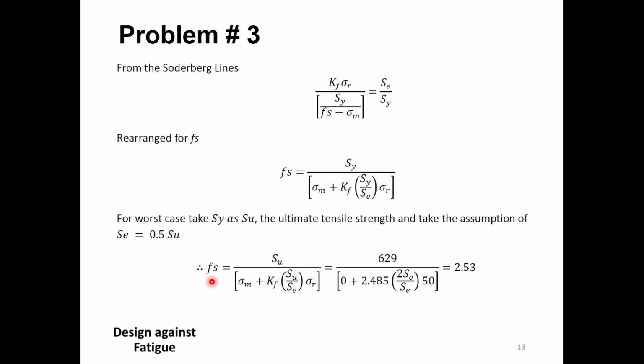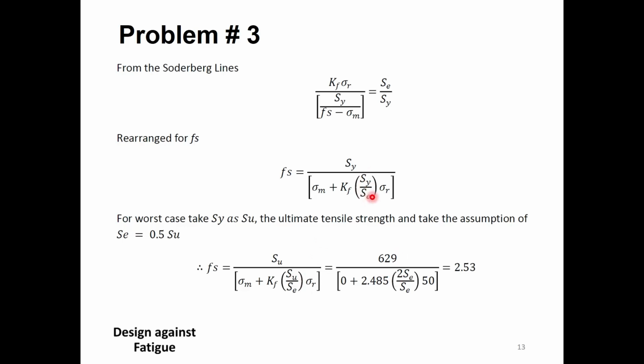In this case, the factor of safety is equal to the S ultimate, which is kind of the worst case scenario, divided by the mean stress of the material, which is 0, plus the K_F value, the fatigue stress concentration factor, which is 2.485, and then here we're going to replace the S yield by S ultimate.